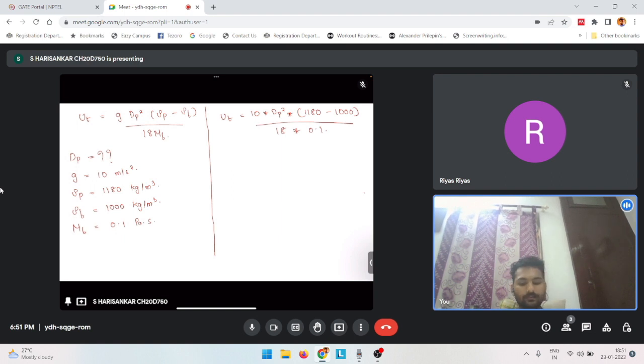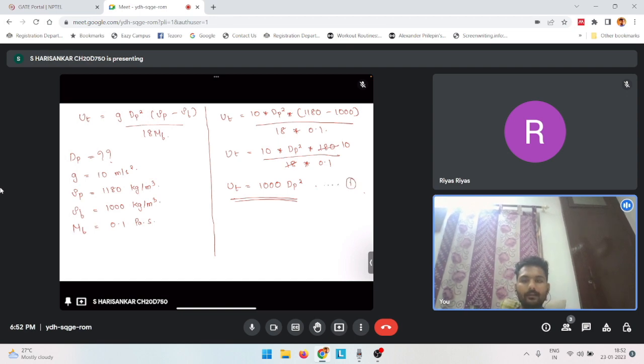Now if we simplify this, we'll get ut is equal to 10 into dp square into 180 by 18 into 0.1. So 18 and 180 get cancelled, and we get ut is equal to 1000 dp square. Let us take this as equation number 1.